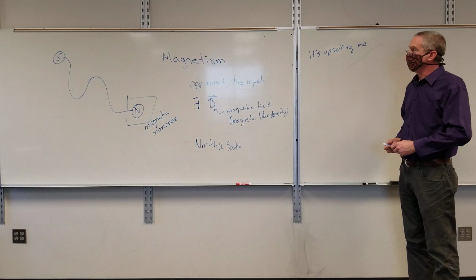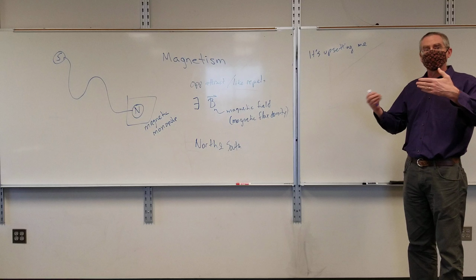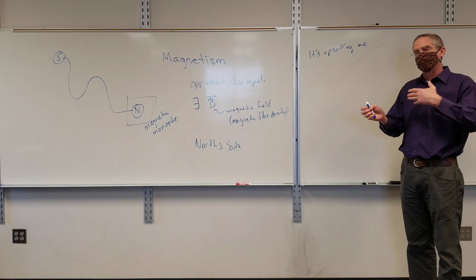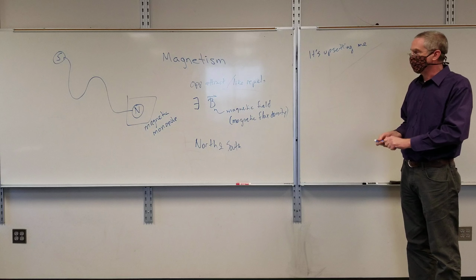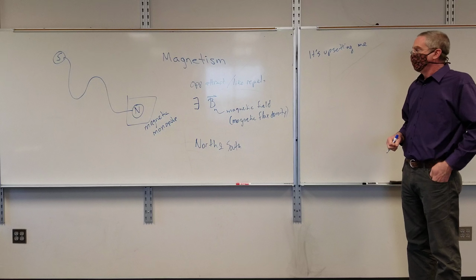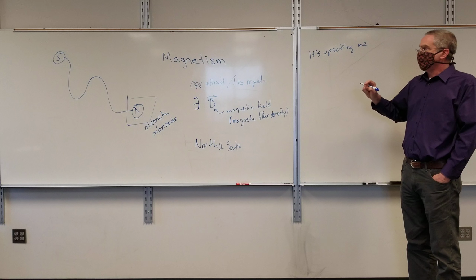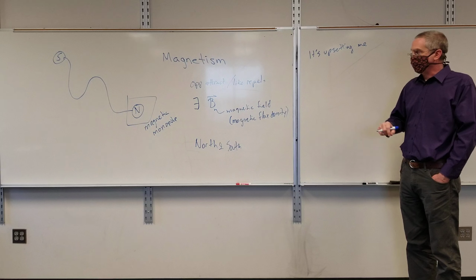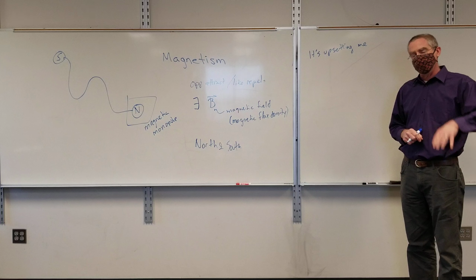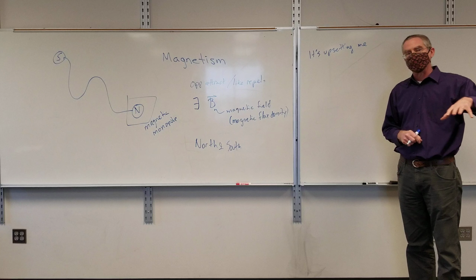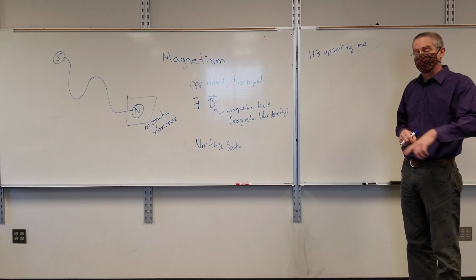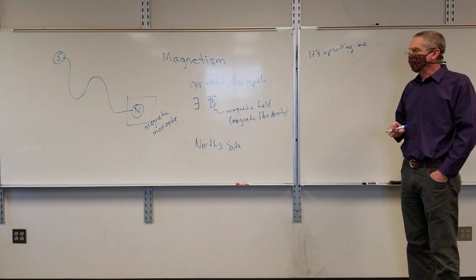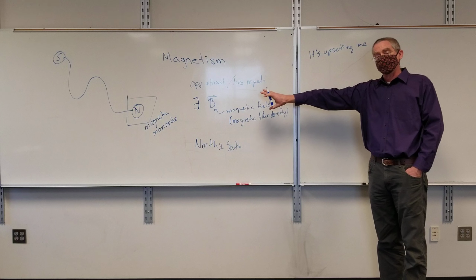All right, so when we're talking opposites attract, like repels: north repels north, south repels south, north and south like each other. Now, the magnetic field is symbolized by the letter B. Almost every undergraduate textbook uses the letter B for magnetic field. Some textbooks won't call that the magnetic field.